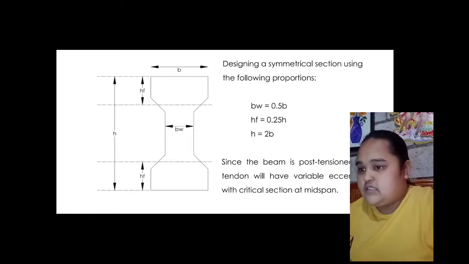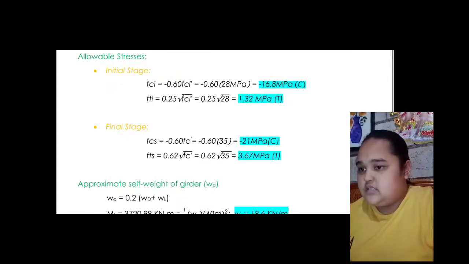The allowable stresses in initial stage, FCI, which is negative 0.6 FCI prime, is equal to negative 16.8 MPa. Compression. The FTI is equal to 0.25 square root of 28 is equal to 1.32 MPa.